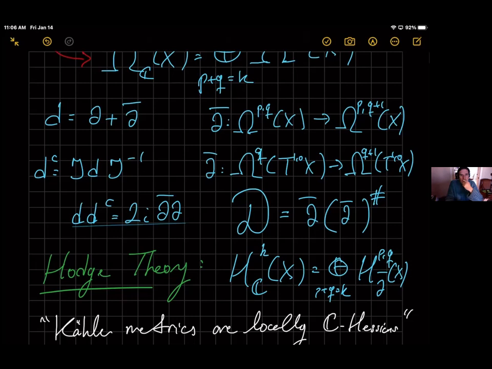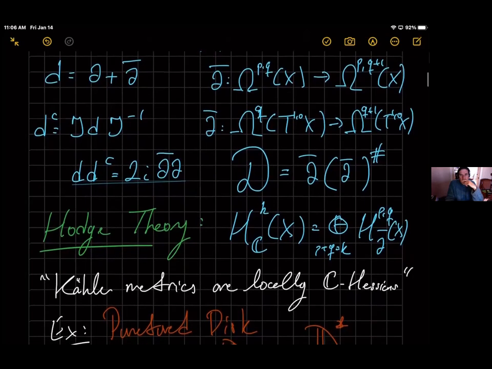And we also can just stick with real valued things, which is where this d^c operator comes into play. It'll just make things a little easier for me to write things in terms of d and d^c than del and del bar. So d^c is defined by taking our de Rham differential d and twisting it with the almost complex structure J. And if you're more familiar with the del bar world, then we have a relationship between dd^c and del bar.